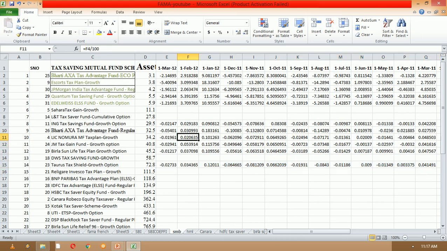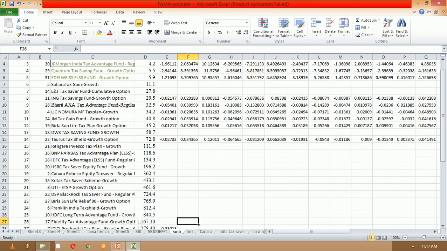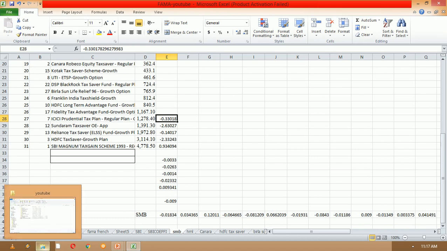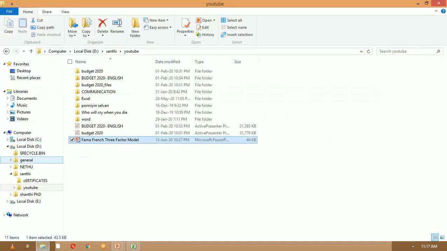Right, now we have calculated the average of the lowest performing funds, that is the return of lower performing funds. Like that we have to calculate the average. So like that we need the return of these funds. See, by mistake I have deleted it. Let us take all the returns from the other file, where I already have it.